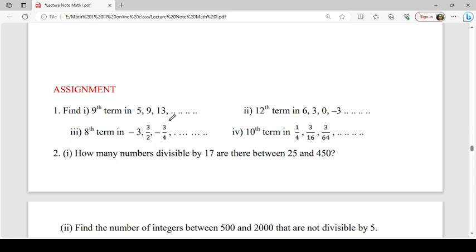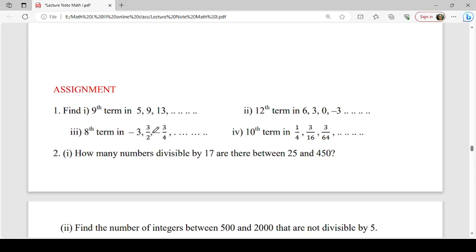9 term, this is AP, 5 plus 4, 9 plus 4. This is 6 minus 3, 3 minus 3, 0 minus 3, etc. This is GP. So it is minus 3 into minus half.